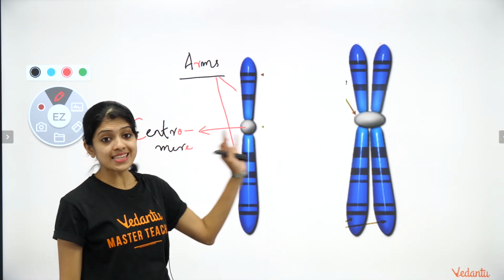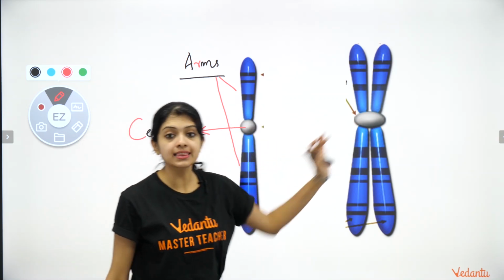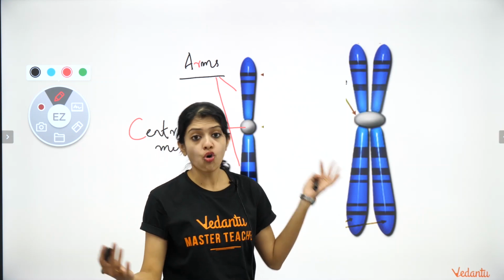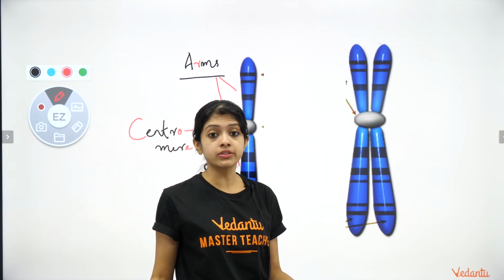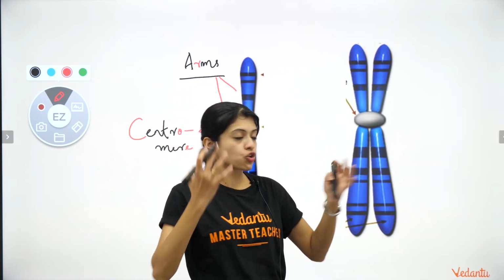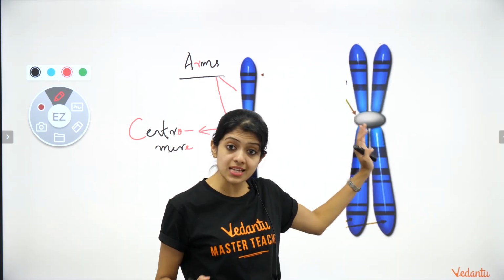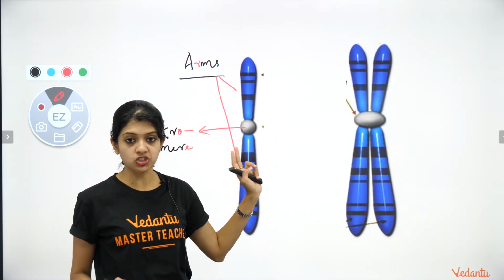Now, what is the difference between this and this structure? This is also a chromosome. Some of us even relate to the word chromosome more when we look at this structure rather than this structure, right?